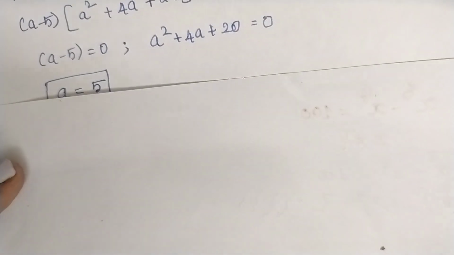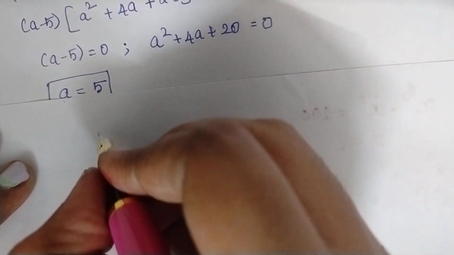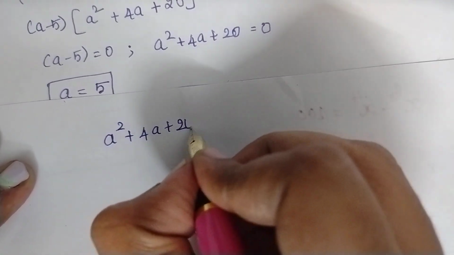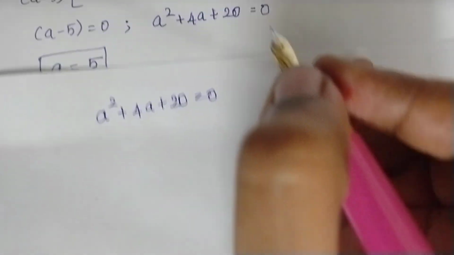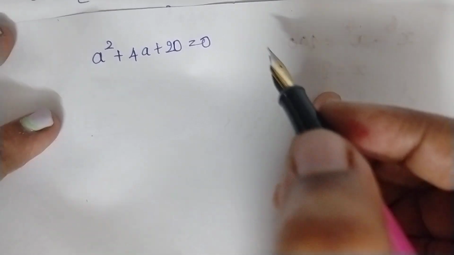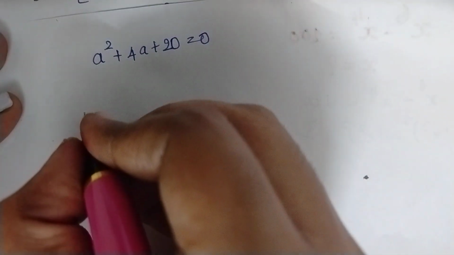So for that, I am going to take this equation, a square plus 4a plus 20 is equal to 0. By seeing this, we can't solve it by the factorization method, so I am going to solve it by the formula method.